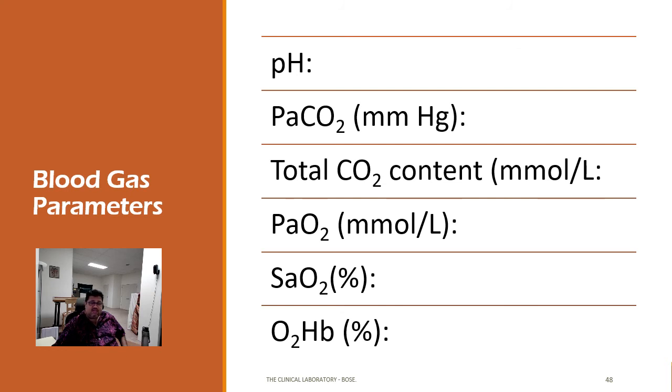The A in PaCO2 and PaO2 is representative of arterial. That means that the blood sampled in these patients is not venous blood. You can't do the tests listed here on venous blood; it has to be arterial blood.